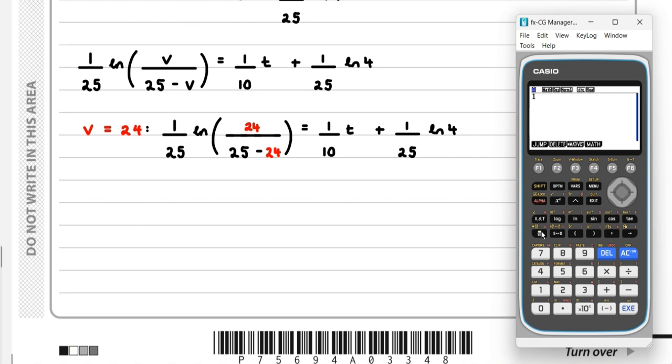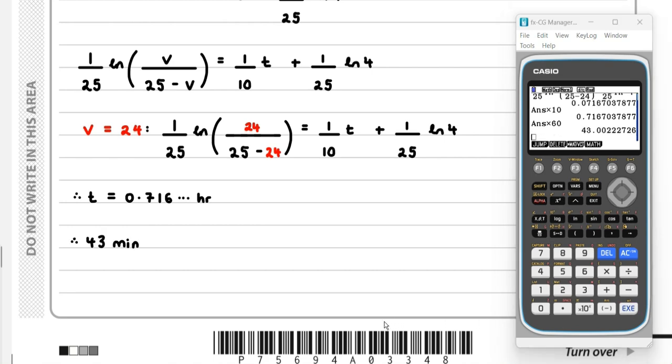Here we have 1 over 25 times the natural log of 24 over (25 minus 24), and then I subtract 1 over 25 times the natural log of 4, and then I multiply this by 10, so you will find t to equal 0.716 etc. hours. So in minutes, if I multiply through by 60, we've got 43 minutes.